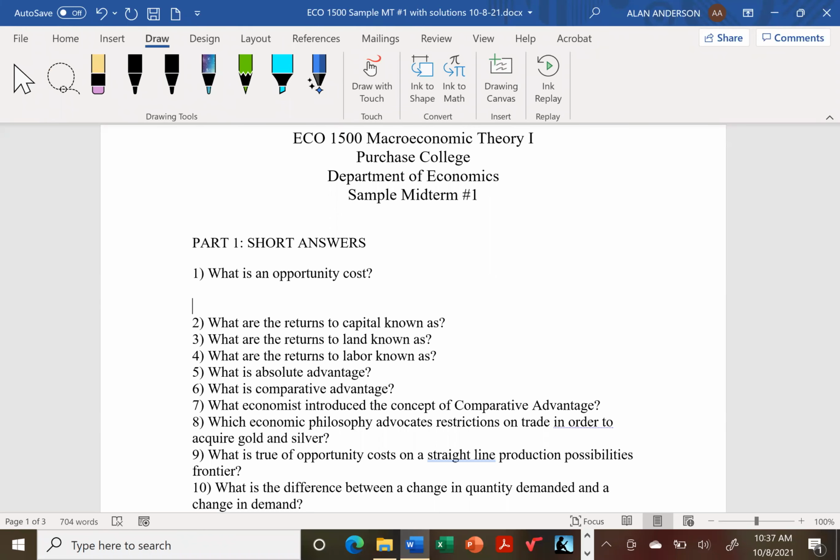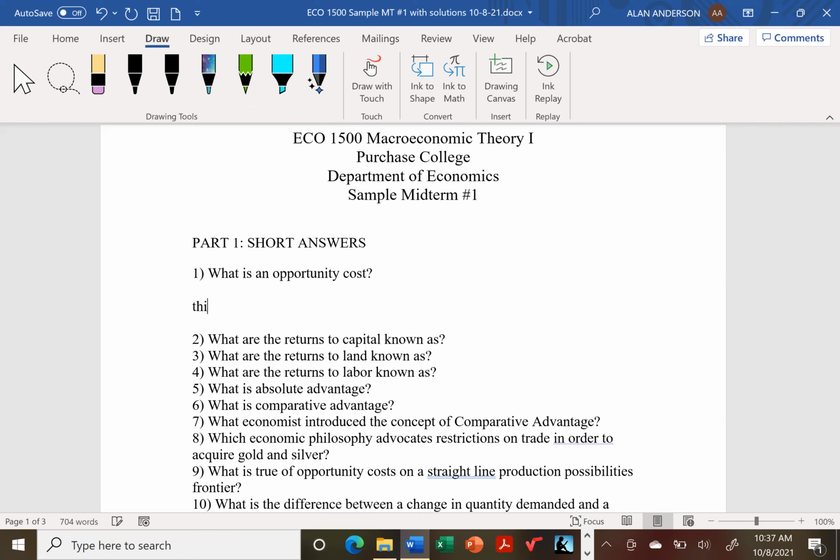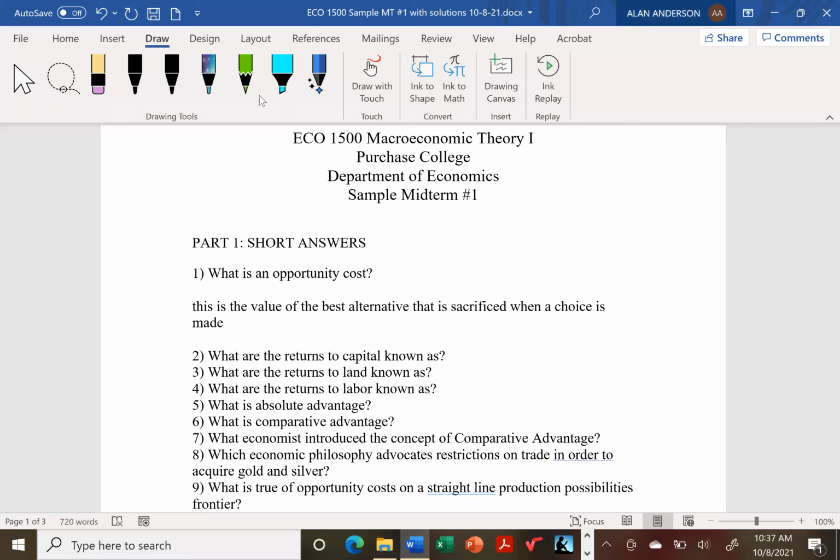So, for example, the opportunity cost, you could say, among many things, this is the value of the best alternative that is sacrificed when a choice is made.